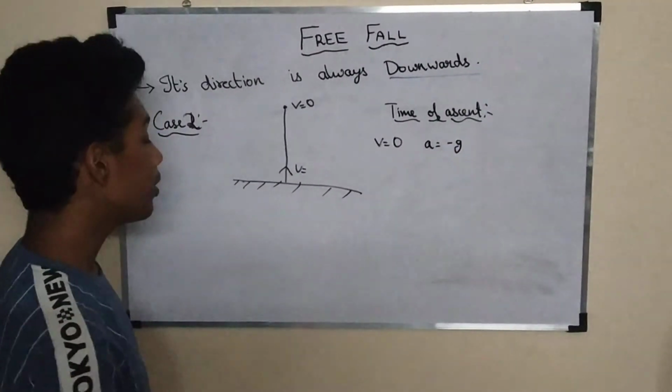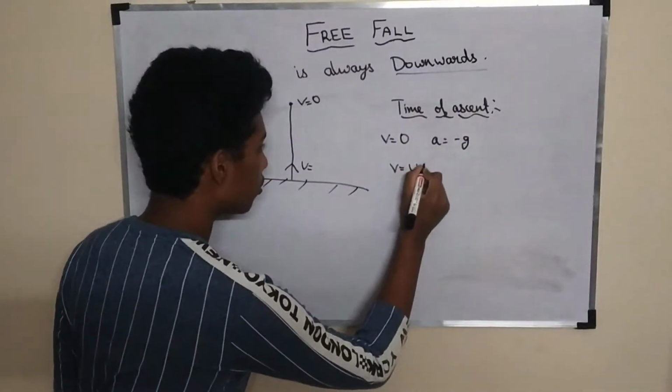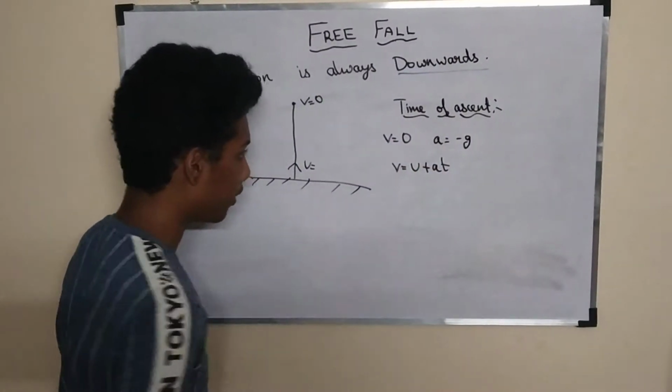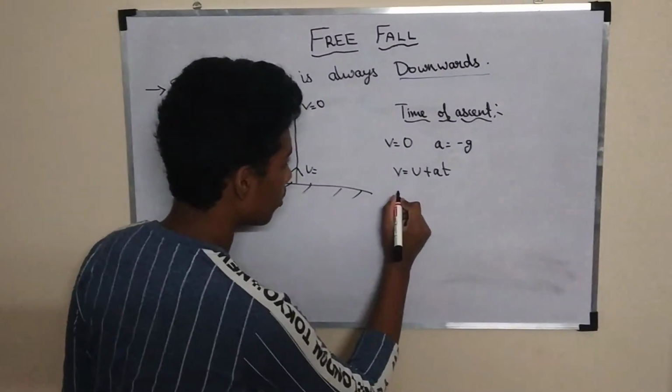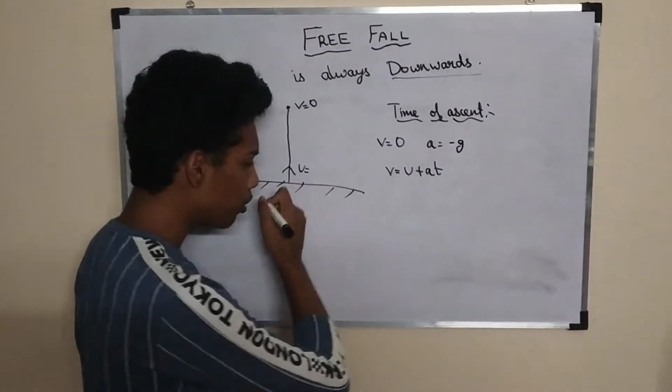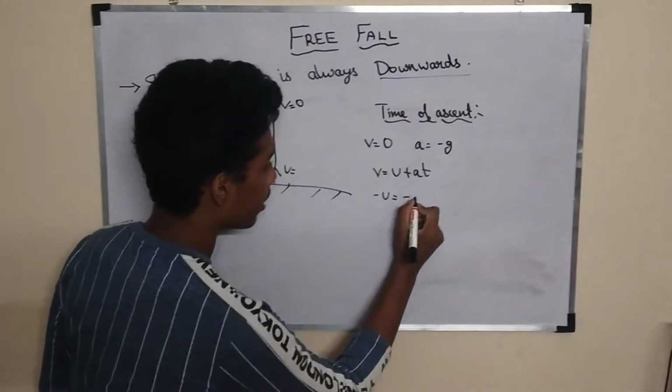So we can use the first equation of motion, which is v equal to u plus at, right? So v would give you 0. So if my u goes this side, it would be minus u equal to minus gt.